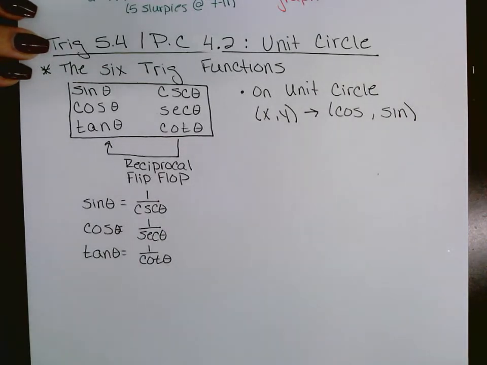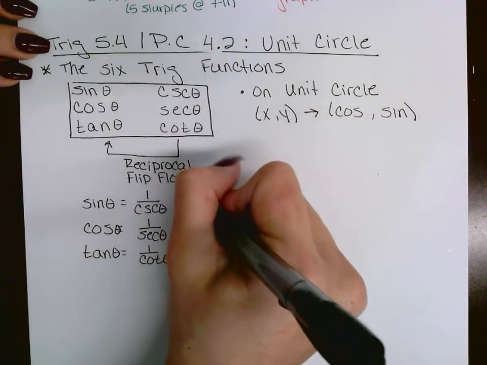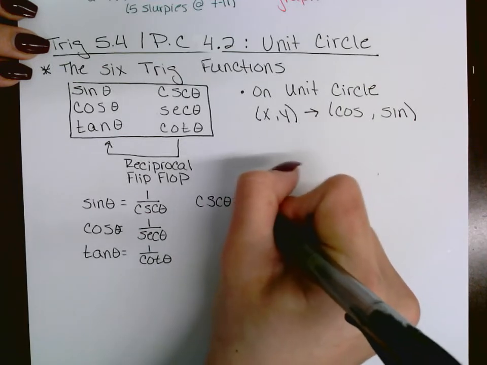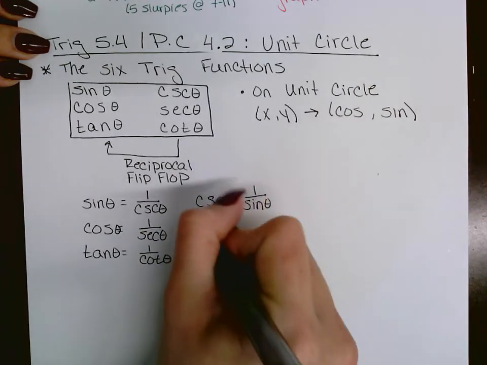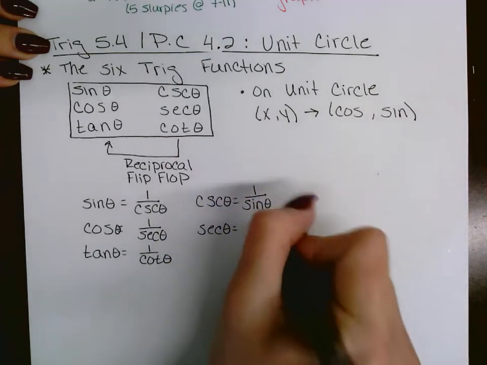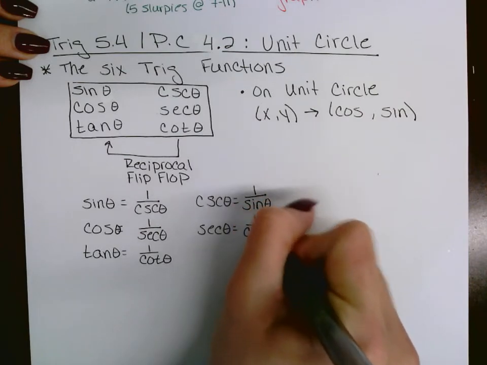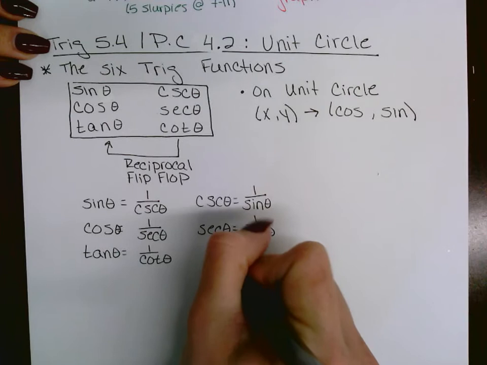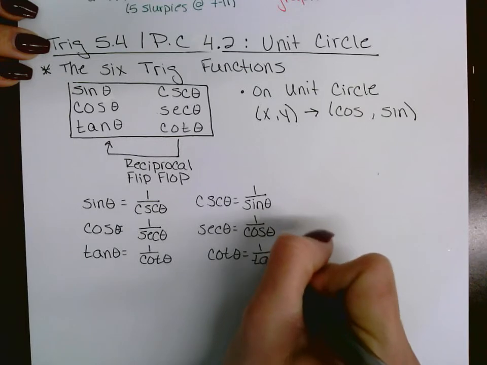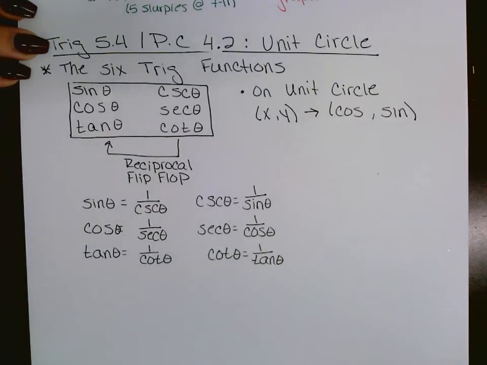It's not necessarily more for you to memorize, but we could also say that cosecant is equal to 1 over sine. Secant is equal to, help me out with this one, 1 over cosine. This is how you'll see the formulas written in your book, okay? And cotangent of theta is equal to 1 over tangent. So if you need one of them, you just flip the other, okay? These are called the reciprocal identities. Okay?